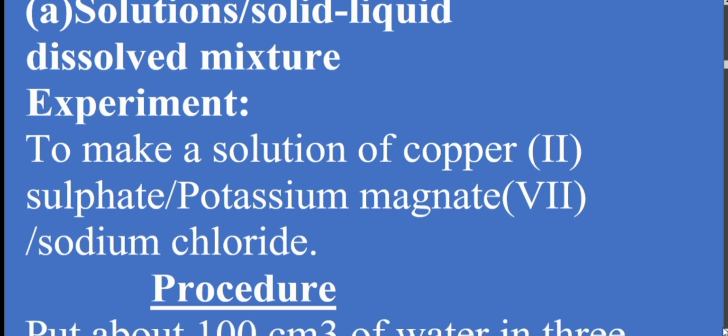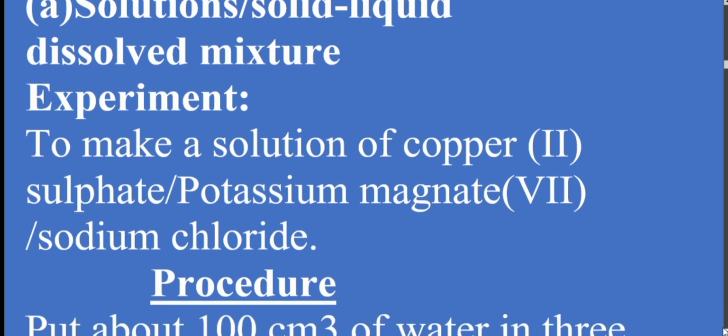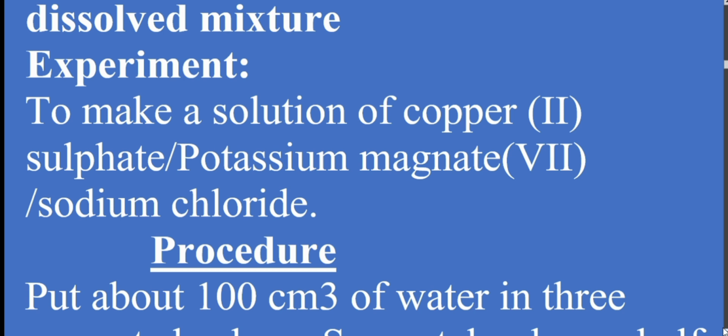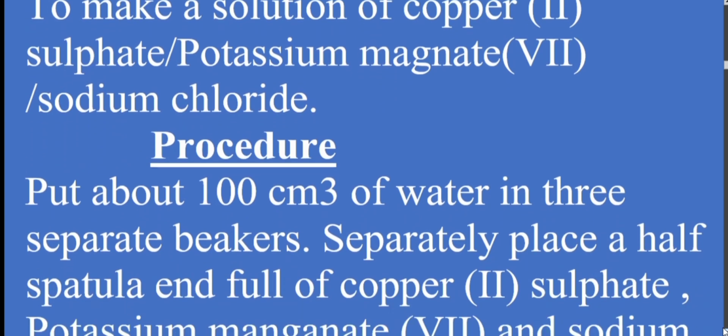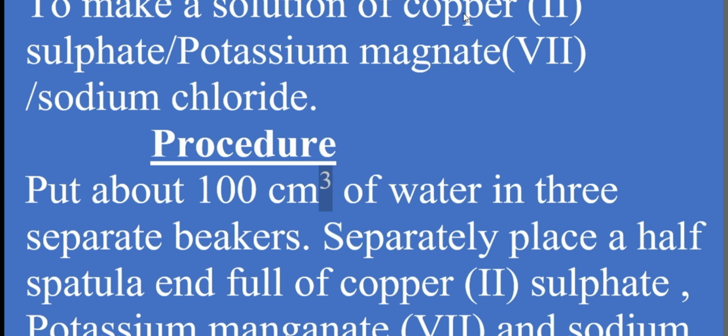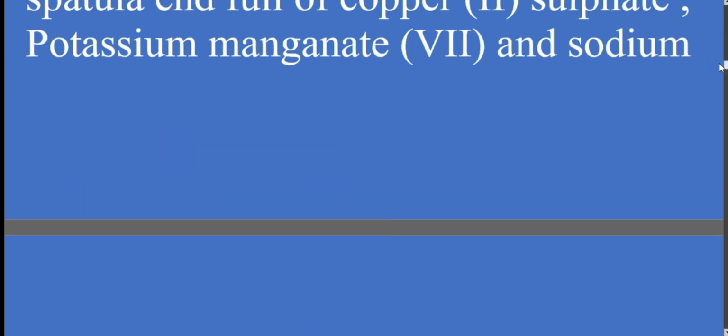Remember, in a mixture the combining substances retain their physical and chemical properties. For the procedure, we put about 100 cm³ of water in three separate beakers, since we are carrying out the experiment using all three solids.